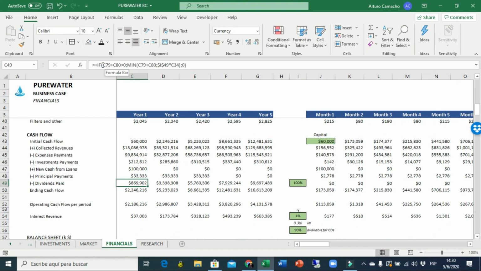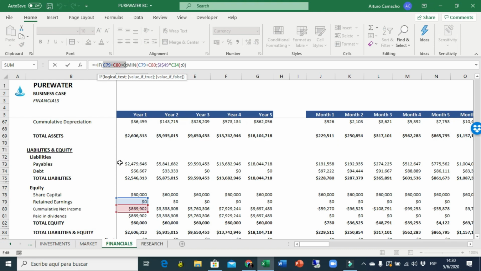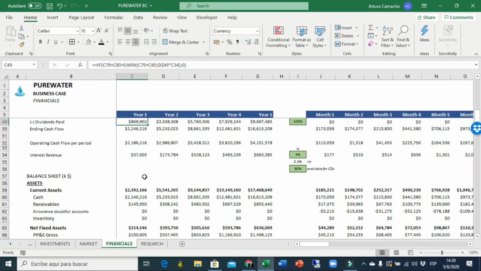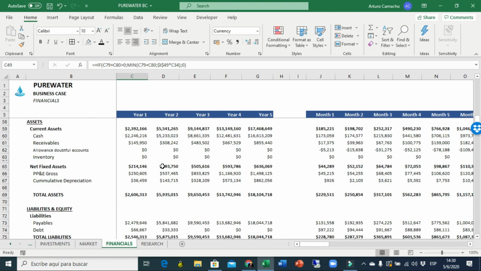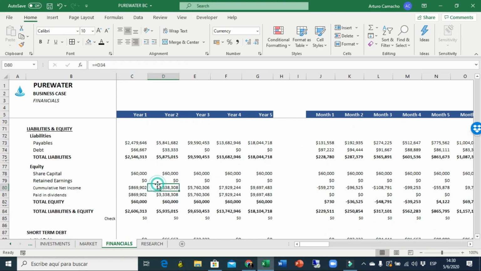Okay, so what the formula does is it asks if there is enough retained earnings, and then it distributes whichever is lower: the percentage of the net income of that current year or whatever you have accumulated. Okay, so let's go back to my equity.